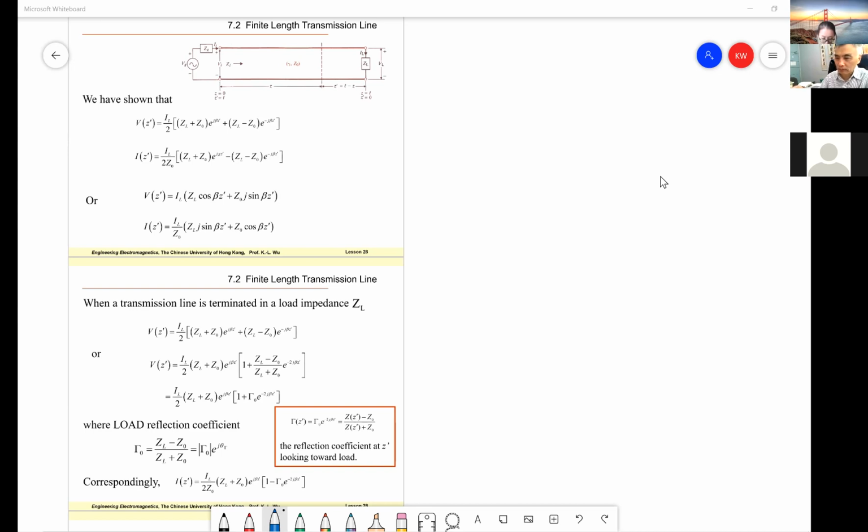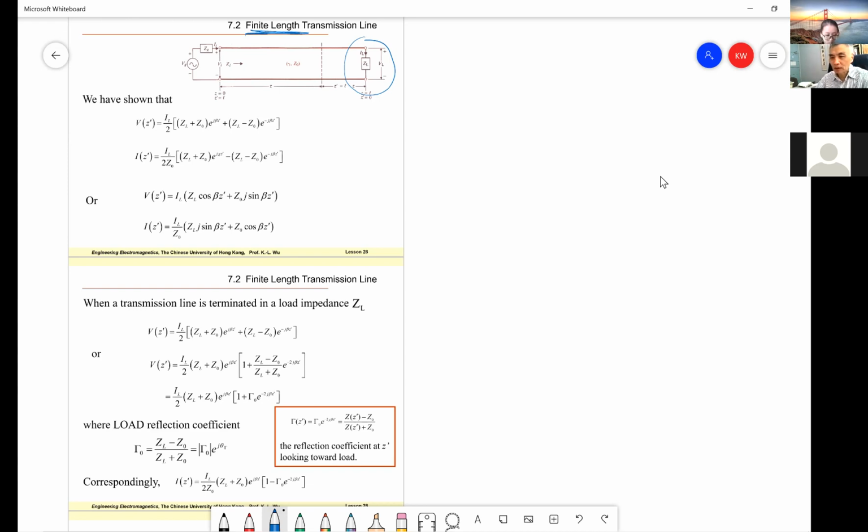So we are talking about finite length. Why do we call it finite length? Because we are interested in the load. This load can be anything: an antenna, an amplifier, a transistor, some other logic circuit, and so on, as long as it is high frequency and high speed.